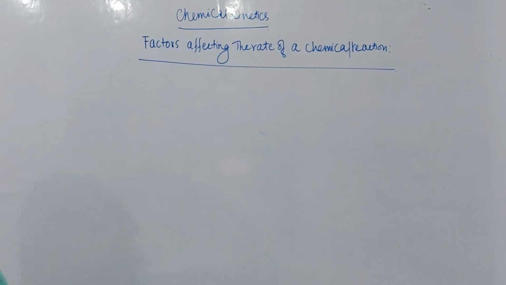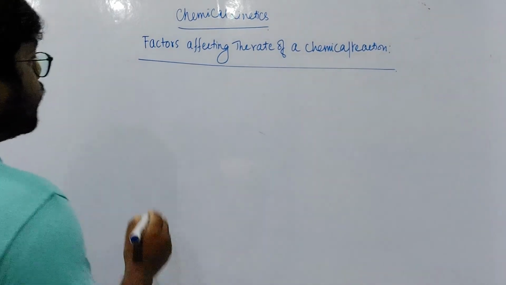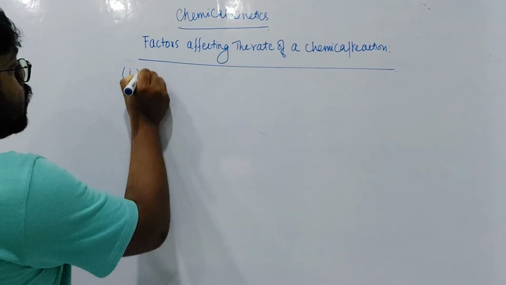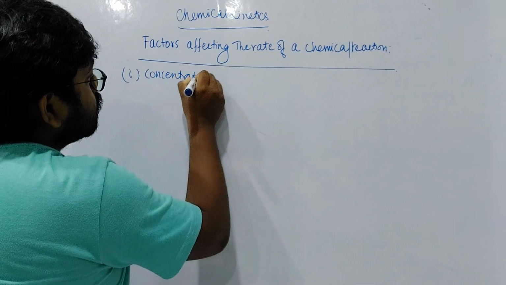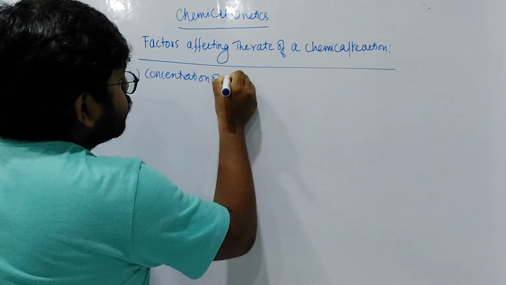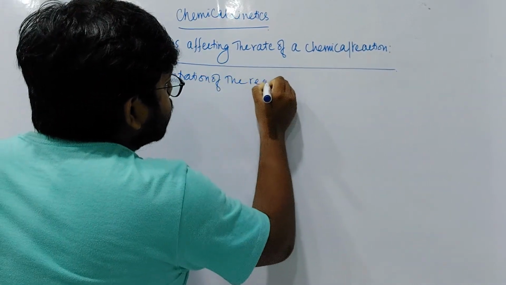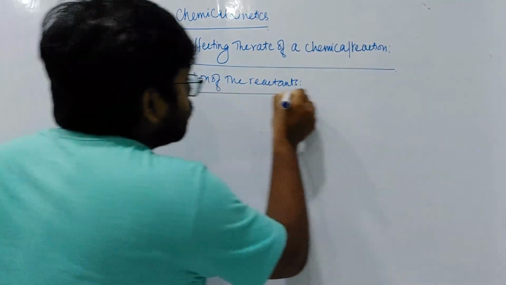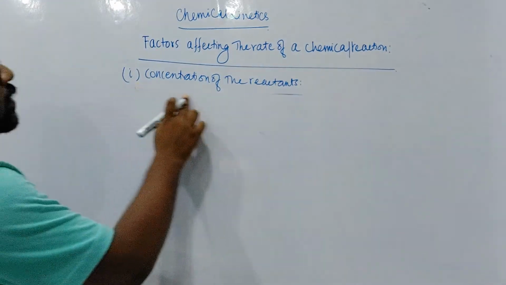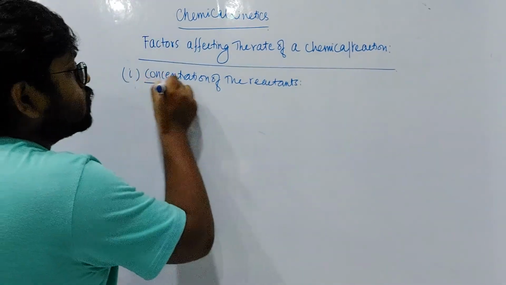These are, first of all, number 1, the concentration of the reactants. Okay, see, the concentration of the reactant is directly proportional to the rate of the reaction.